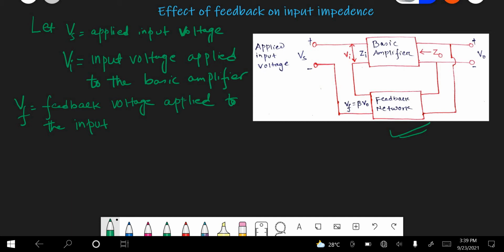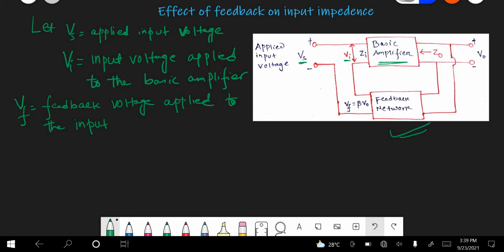Let Vs be the applied input voltage. Vi is the input voltage applied to the basic amplifier. The basic amplifier means only the amplifier I'm talking about without the feedback. And Vf is the feedback voltage applied to the input.